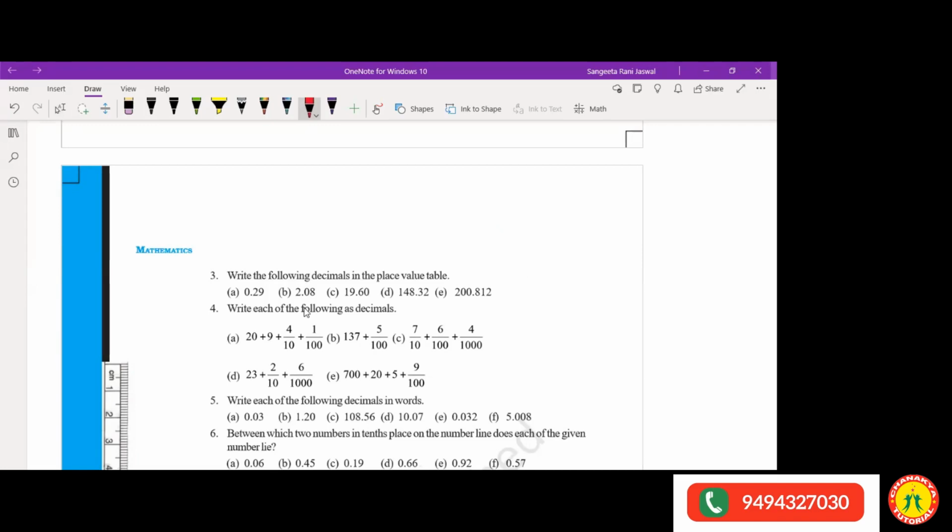Everyone, I'll be checking your notebooks. Ma'am, what should we do? Write it in a place value table. Okay, ma'am. Can you give me 1 minute because my pen suddenly completed?